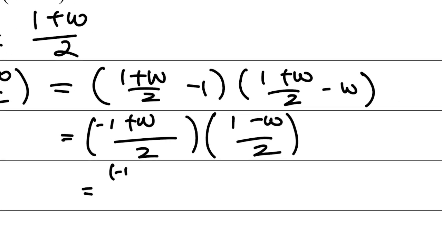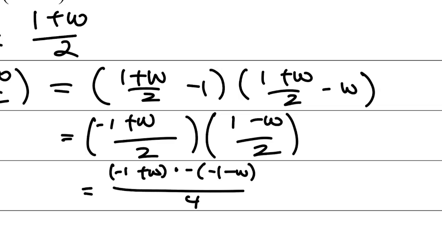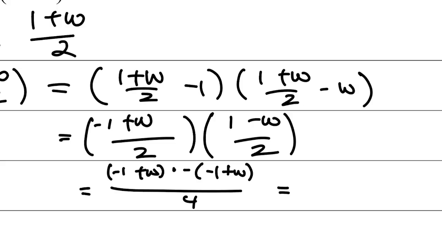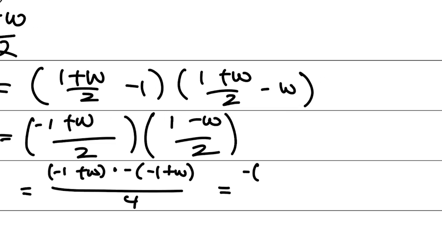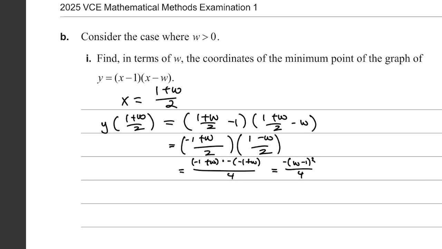So that's going to be w minus 1 times the negative w minus 1 on 4, basically. So from there, that tells us it's going to be negative w minus 1 all squared on 4. I'll keep it at that. I'm not going to expand it. Just keeps it nice and simple. So therefore the coordinates are going to be 1 plus w on 2, and then minus w minus 1 all squared on 4.